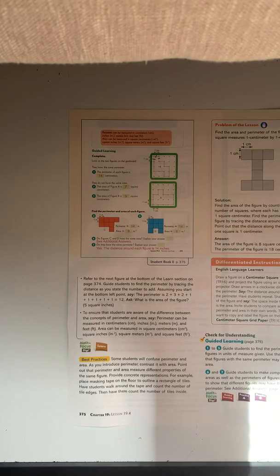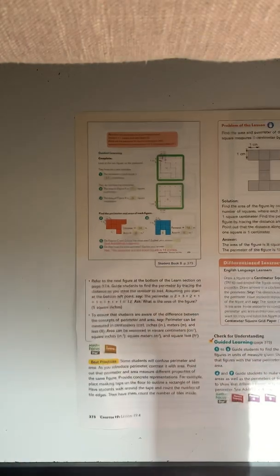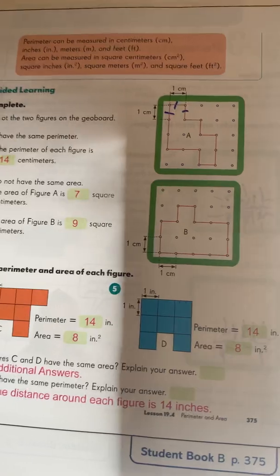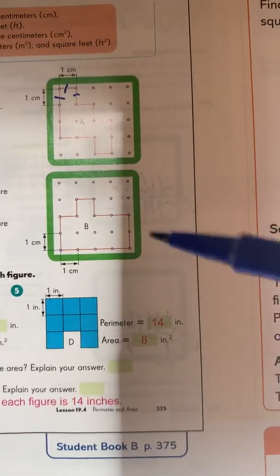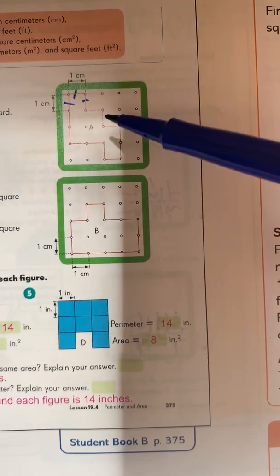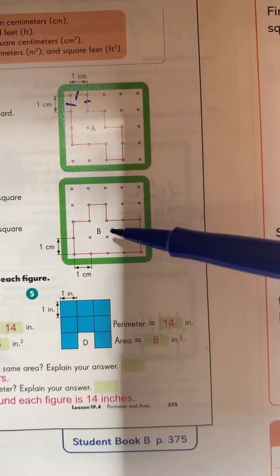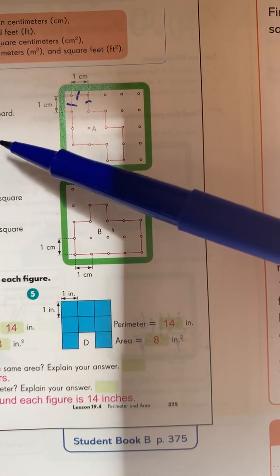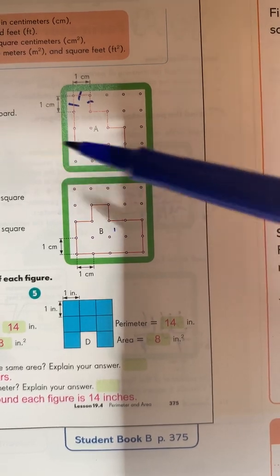Okay, so let's go ahead and take a look at page 375 in our student textbook. And let's see if we can figure these out together. I know that the answers are right there. Let me go ahead and move it. So it says, look at the two figures. They have the same perimeter. Let's figure out what that is.